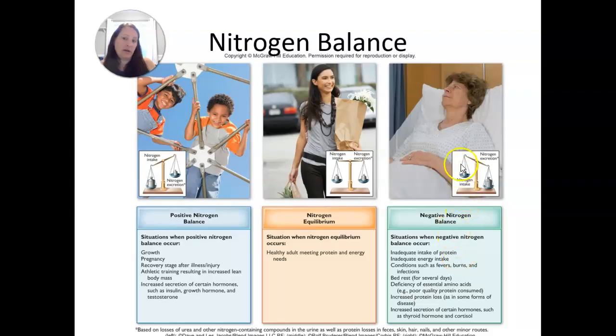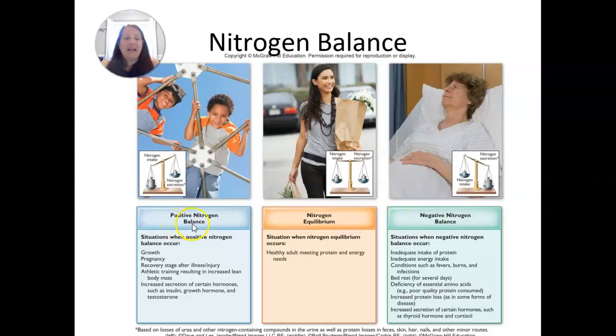So again, if we look up here at the patient, this looks like somebody on bed rest, maybe they have an infection. Their nitrogen intake is less than their nitrogen excretion. So the nitrogen excretion is weighing it down. So that's negative nitrogen balance.